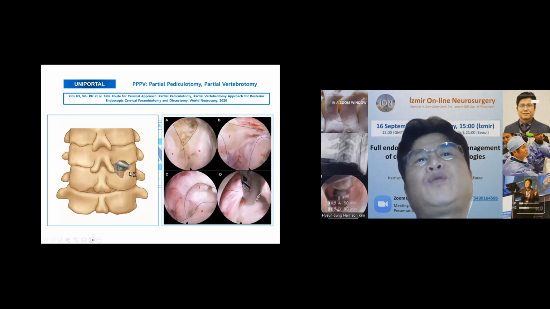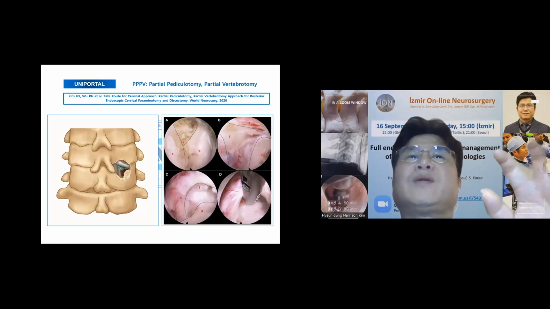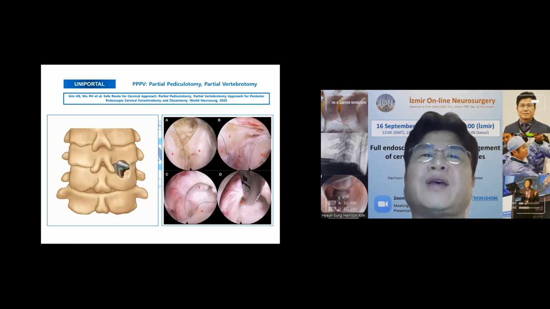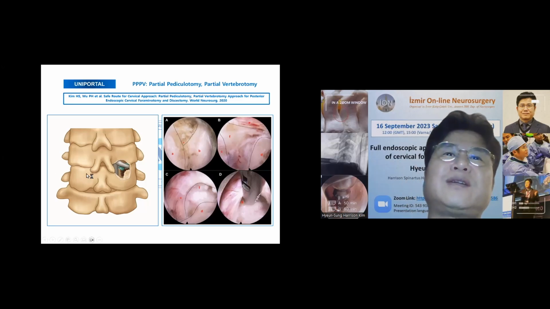But if we do a wider partial pediculotomy and sometimes partial vertebrotomy, that gives us a wider space to work. You can see here, this is close to the foramen.